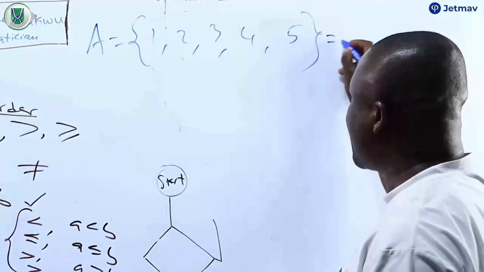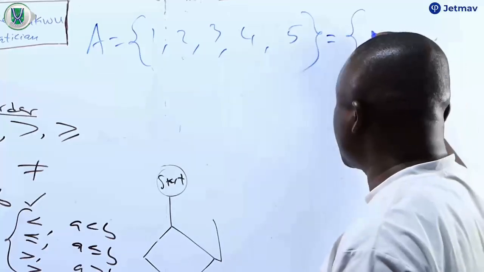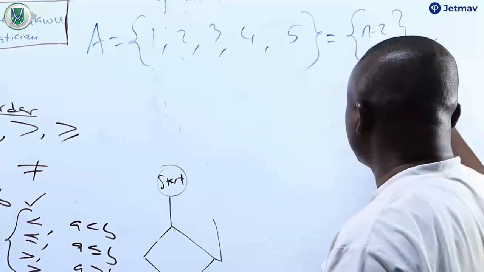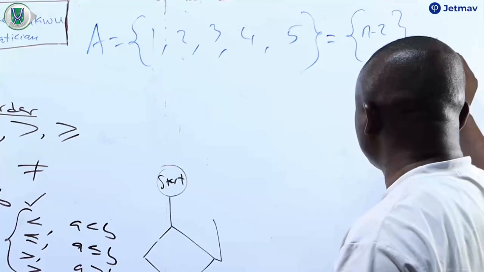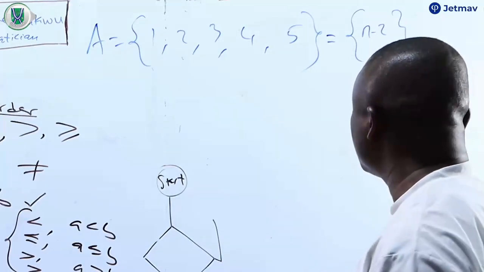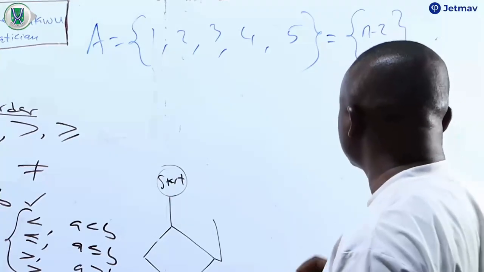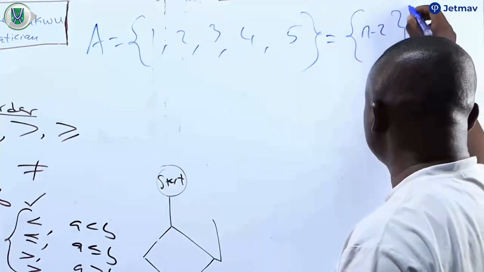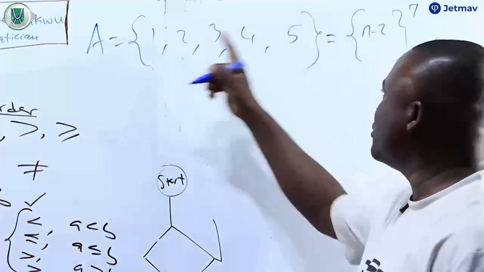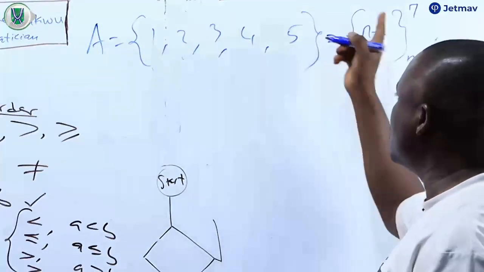We are trying to let you know that the sequence, one can rewrite it as a set of n minus 2, ranging from 1 and then stopping at 7. When n is 3, put 3, 3 minus 2 is 1. Put 4, 4 minus 2 is 2.